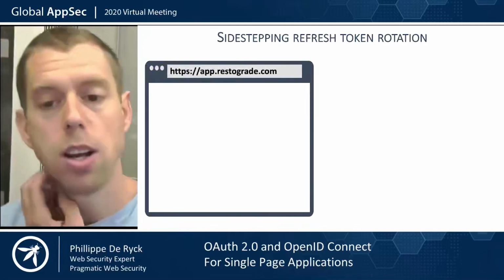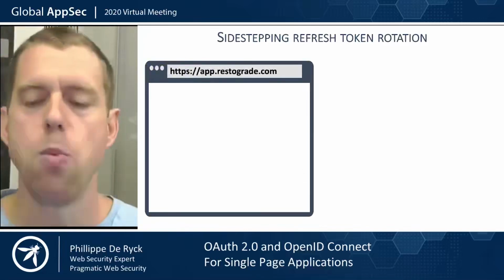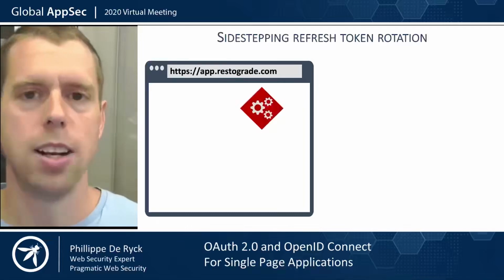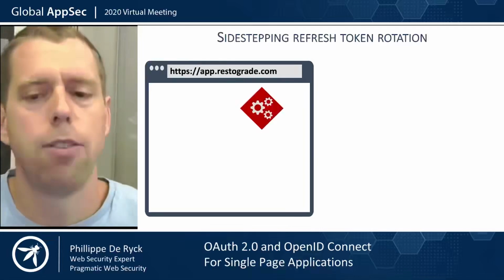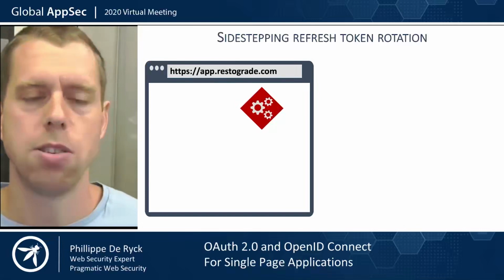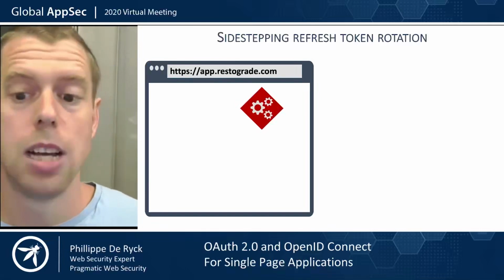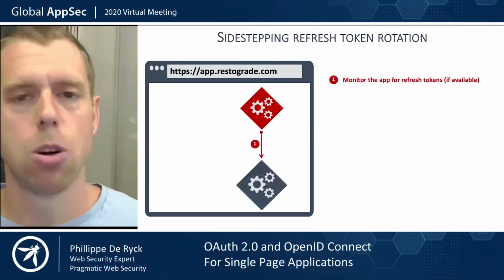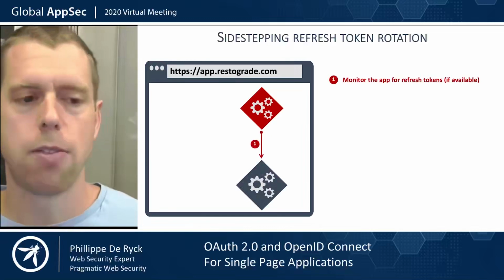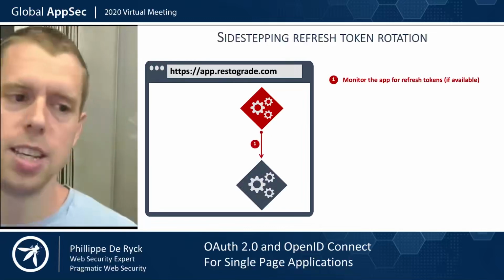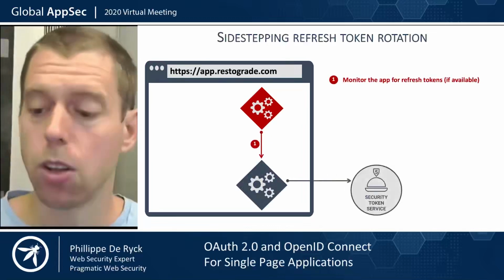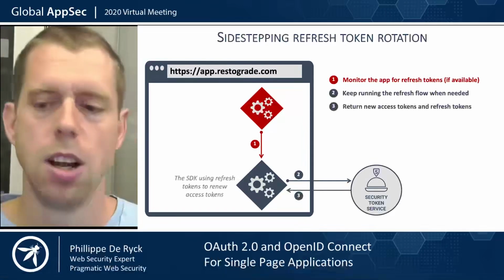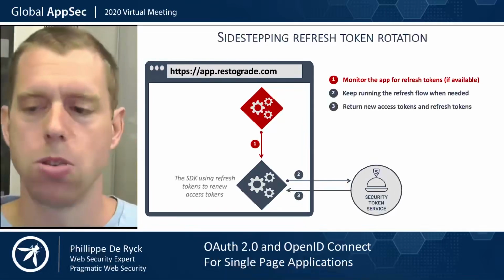We have our application running on restofpage.com, and we have our attacker-controlled code right in there. Doesn't matter how it got here, we have a piece of malicious code running in your application. That code is going to monitor legitimate application code for tokens. And whenever your legitimate application uses an SDK to get new tokens from the STS, the attacker will be monitoring that process.